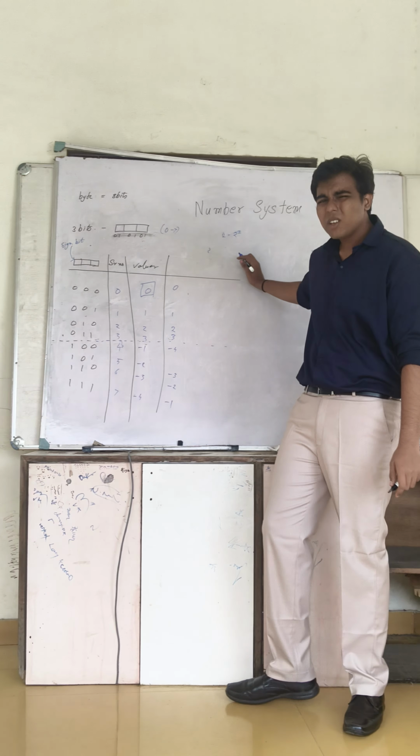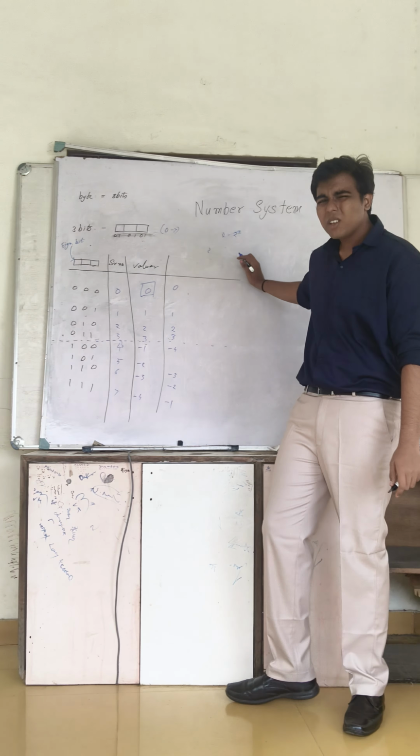And then the min value. Okay, let me write the procedure for the max value. For the max value, I got the procedure of 2 to the power n minus 1. Correct? And for the min value, again we have the sign bit, which is half, so we will be using the same formula, 2 to the power n minus 1. But here 2 to the power n minus 1, in this case 2 to the power 2, 4, was our negative value.